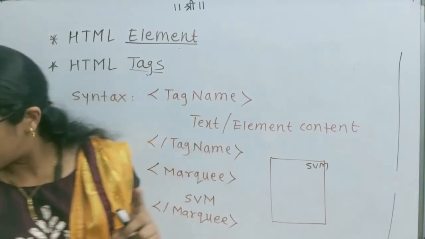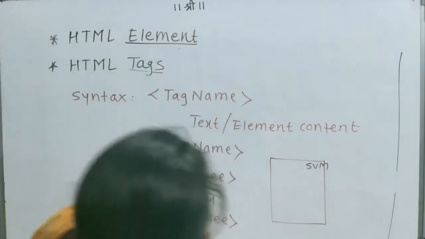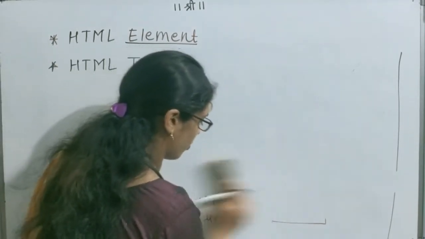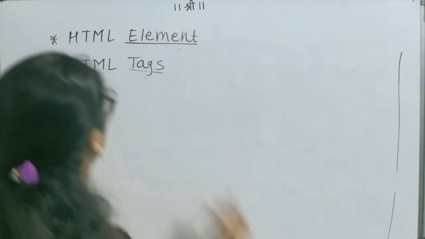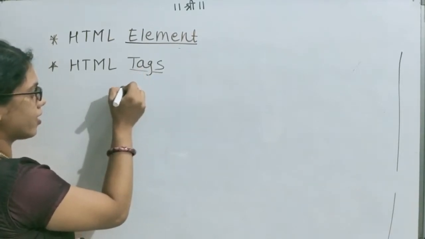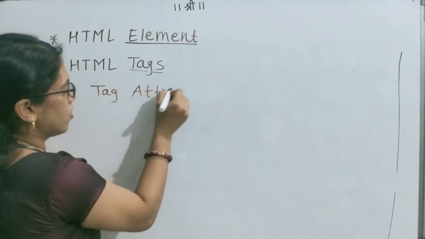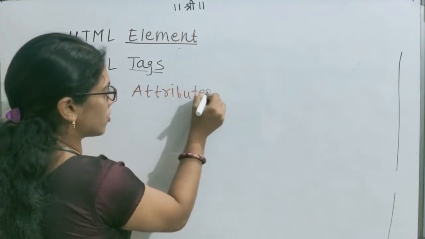Clear? Now we start with the second point of HTML tags, that is tag attributes.